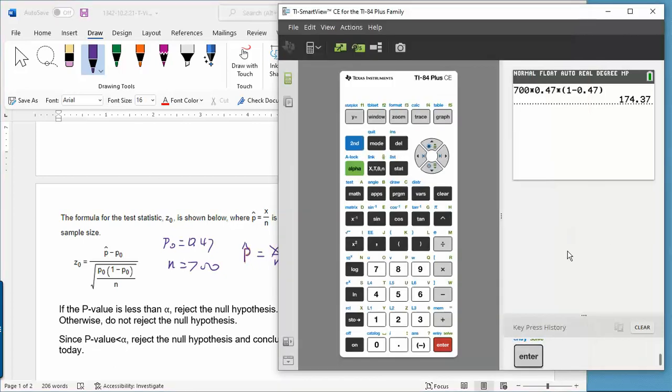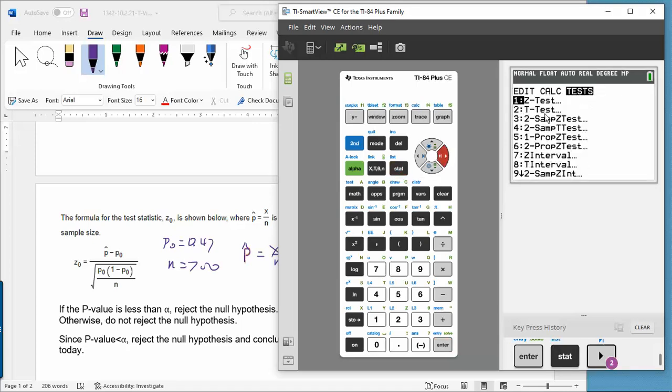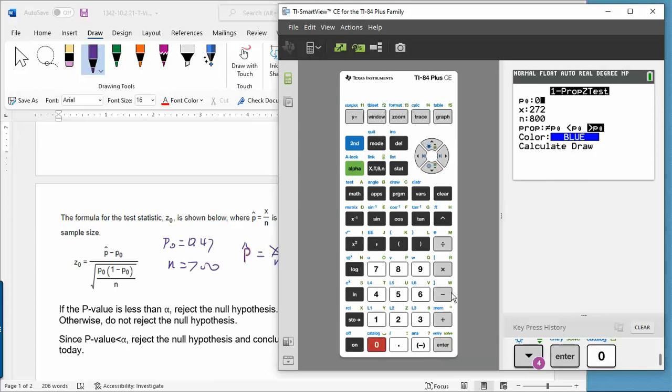Going to the calculator, go to stat, then test, and we're using the one proportion z test. Input p sub 0 is 0.47, x here is 194, and n here is 700.